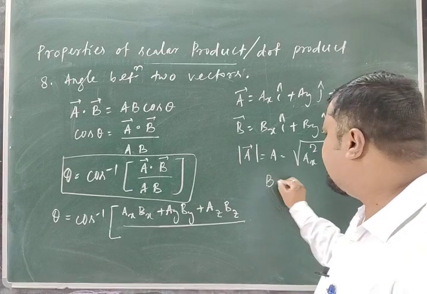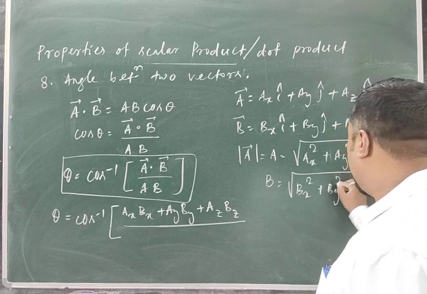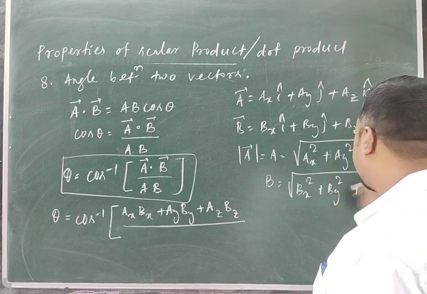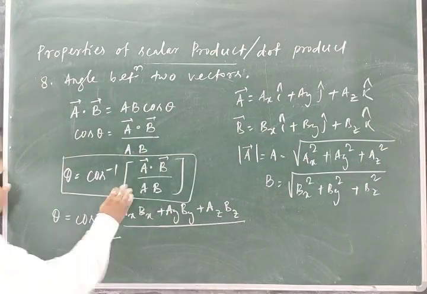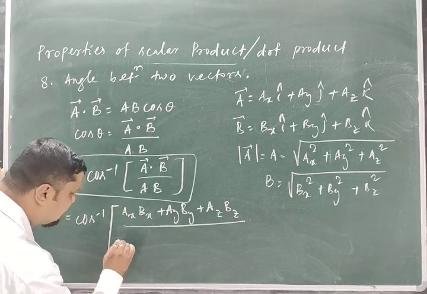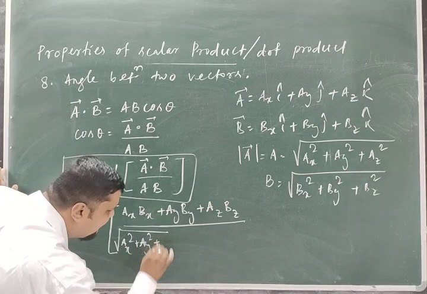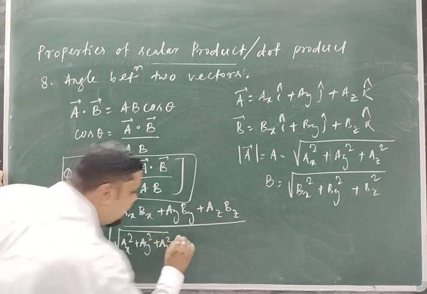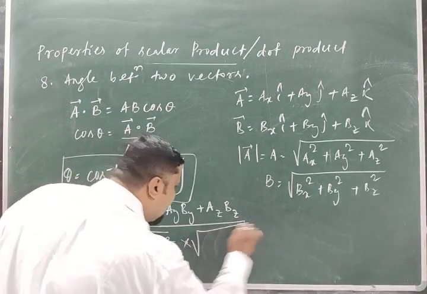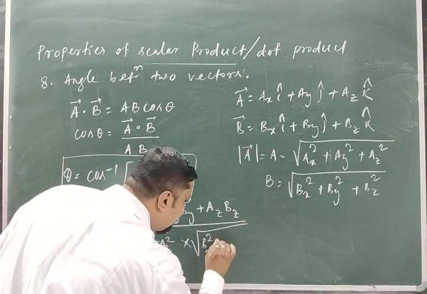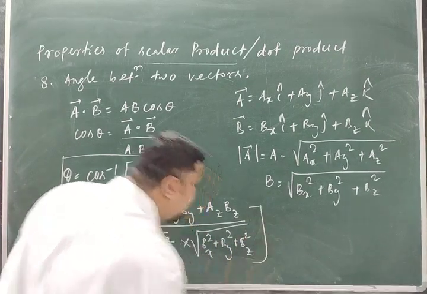What is the magnitude of B? Square root of, in component form, bx square plus by square plus bz square, summation. So in that way you can write A is equal to square root of ax square plus ay square plus az square, multiplied, you can see by multiplication, square root of bx square plus by square plus bz square, like this.